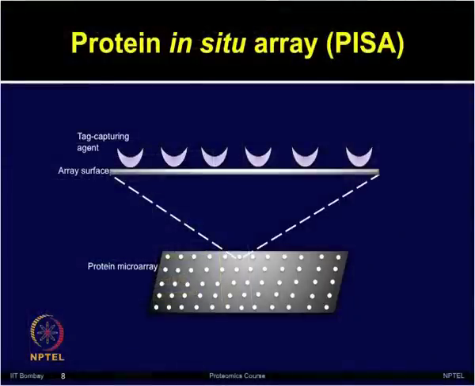So, in the PISA protein array method, the surface is pre-coated with the tag capturing agent. This method utilizes hexahistidine tags in the construct and the microarray titer plate which is coated with nickel nitrilotriacetic acid as shown in this slide.